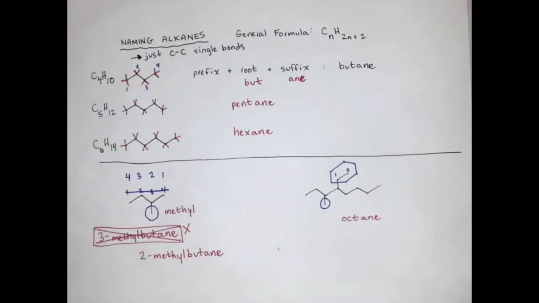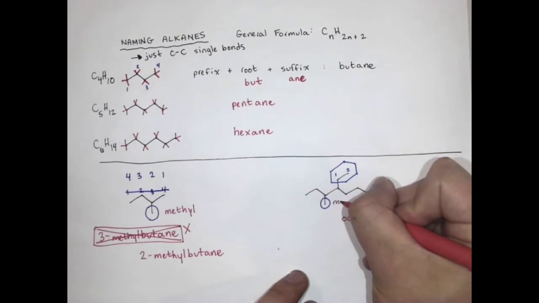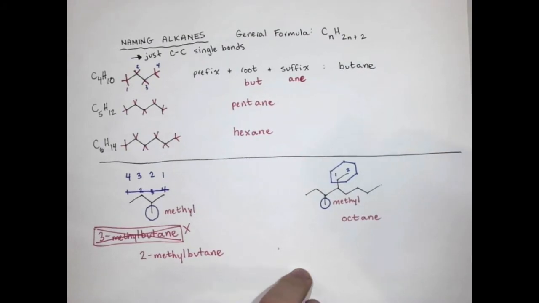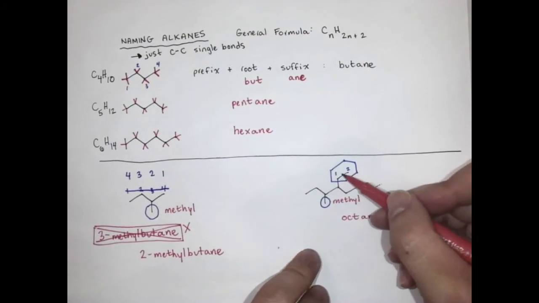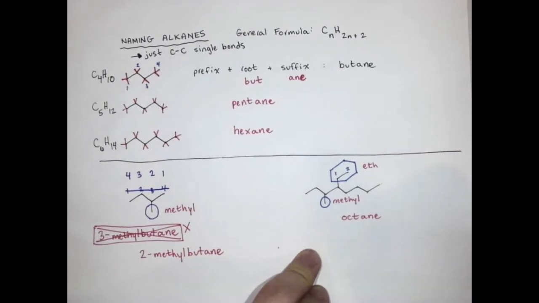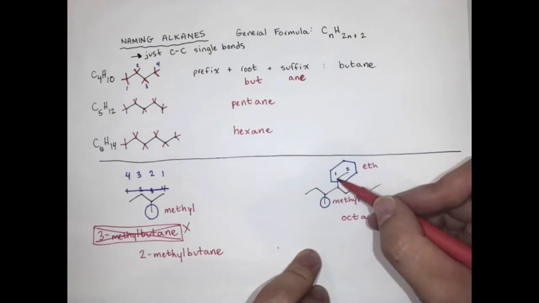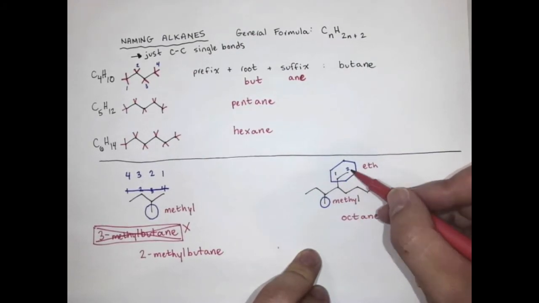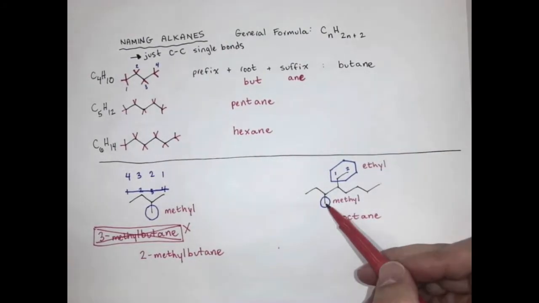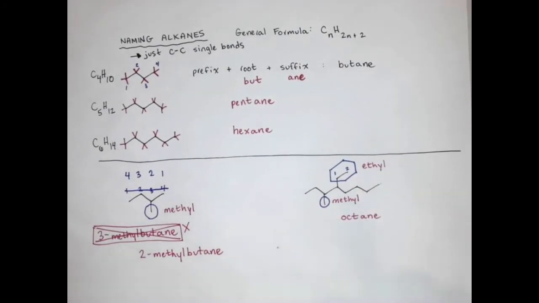The 1 carbon branch will get a root of meth, and because it's a branch, we call it methyl. The 2 carbon branch has 2 carbons in it, and anytime you have a 2 carbon anything, it gets the root of eth, so meth but without the m. A 2 carbon branch gets eth, and then I finish it with yl, ethyl. So I have a methyl branch and an ethyl branch.